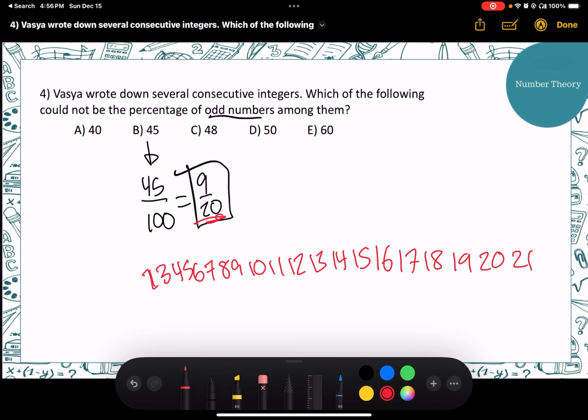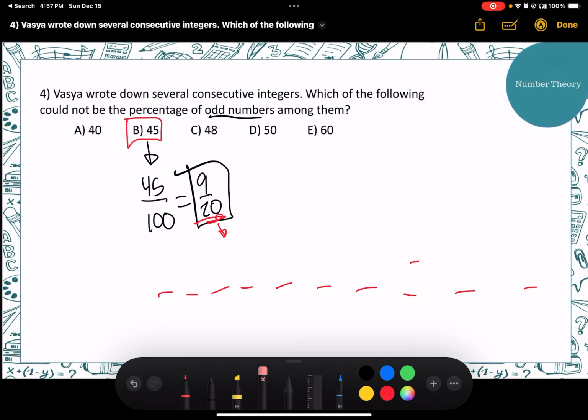No matter if you start with an odd or even, there's going to be 10 of each, because 20 is divisible by 2, so there's going to be the same amount. If I look here, I have 1, 2, 3, 4, 5, 6, 7, 8, 9, 10, right? So 9 over 20 is actually not possible. So this is our answer. But now I'm just going to make sure, so I'm going to check with the other ones.